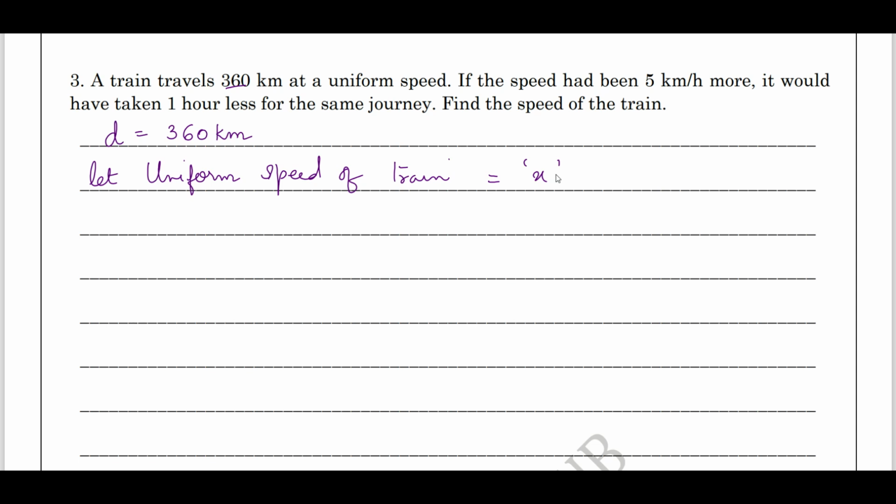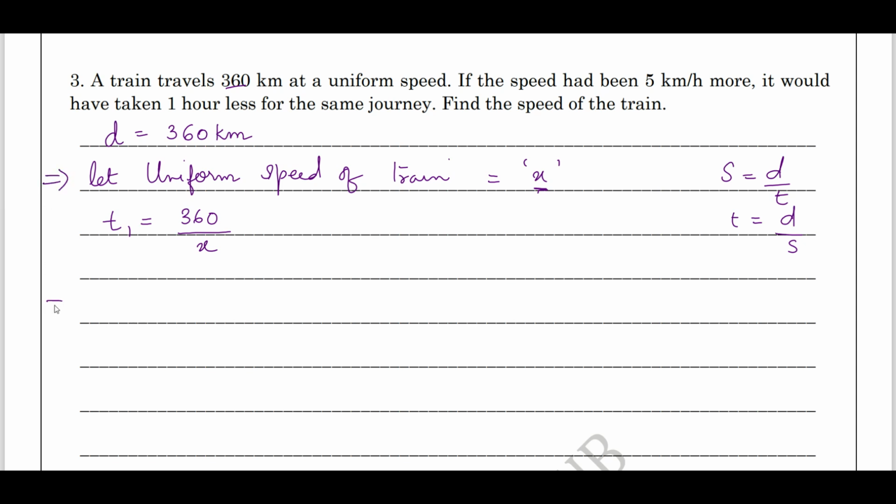Now, what is the time taken? We know that speed equals distance by time, so time equals distance by speed. Now, time t1 is what? Distance is 360 kilometers. Speed is x. Now, this is the first condition.